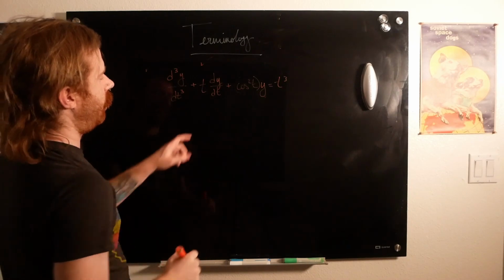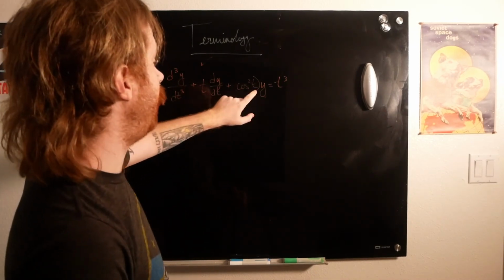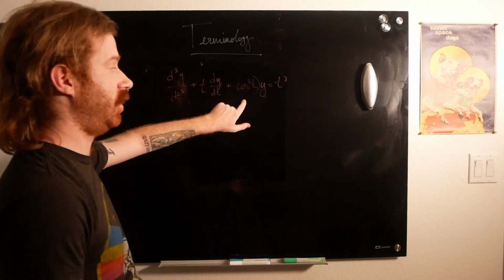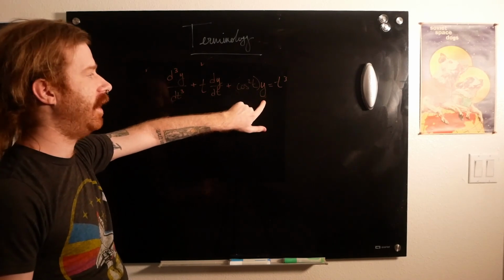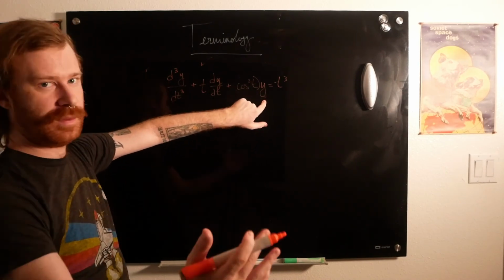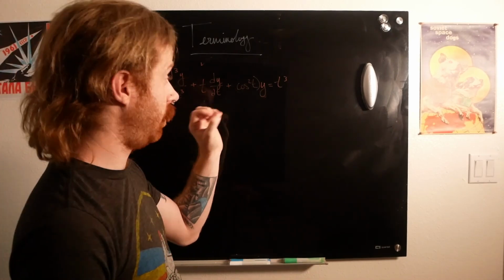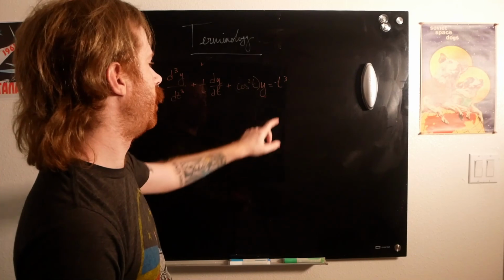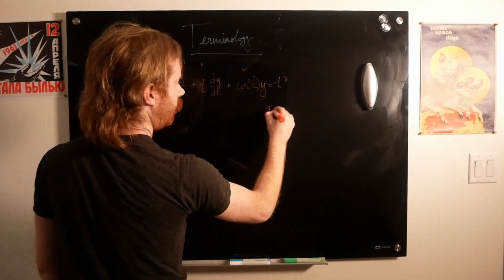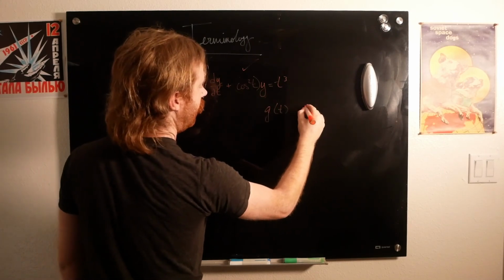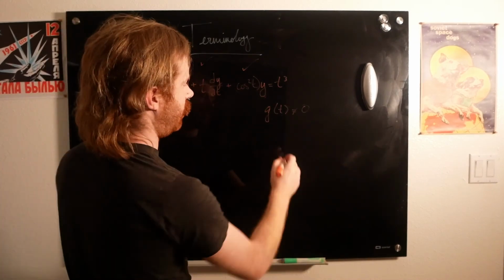Because you have some sort of a of t multiplied by the derivative of y. And then here is cosine squared of t, some function of t. And it's also multiplied by y itself, right? Not a derivative of y. That's got to be the last one. The 0th derivative of y is just going to be y. So it is linear. G of t does not equal 0, so it's going to be non-homogeneous.